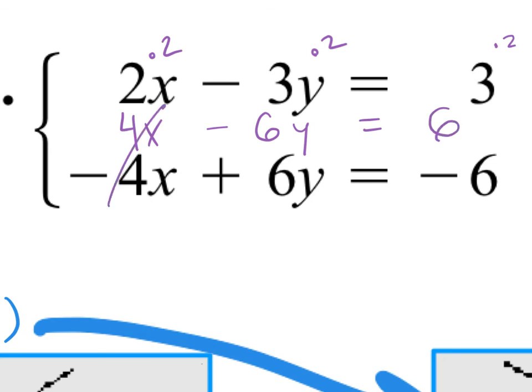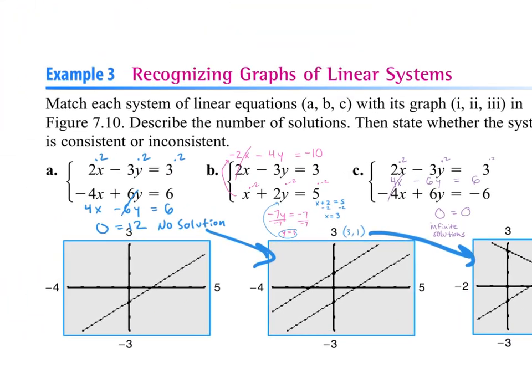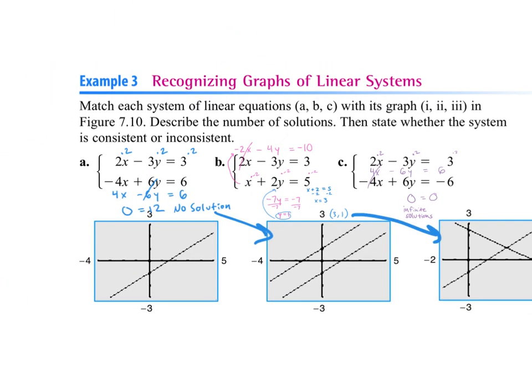What's negative 6y plus 6y? 0. And what's 6 minus 6? 0. So when we get 0 is equal to 0, what do you think our answer is? Infinite solutions. I think I spelled infinite wrong, but it's fine. Infinitely many solutions. So which graph do you think that is? The first one.